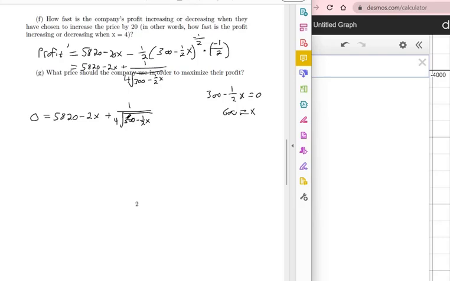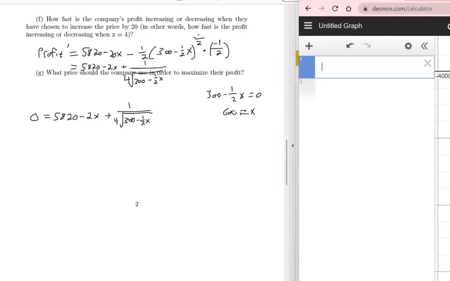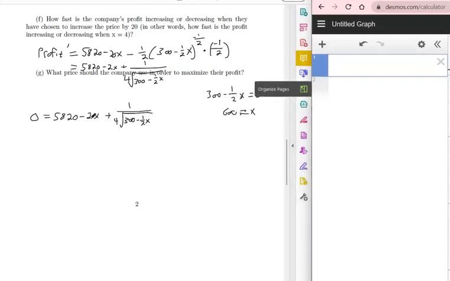And then eventually you're going to want to move all terms other than a radical to one side, square both sides, and then the algebra just gets ugly, but it's just a lot of expansion from there. But for this last part, I'm perfectly fine if students use a calculator to help them.